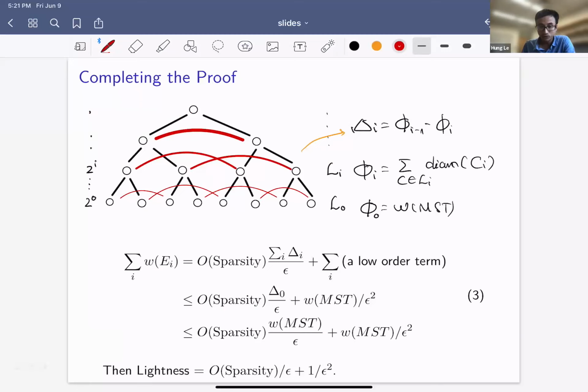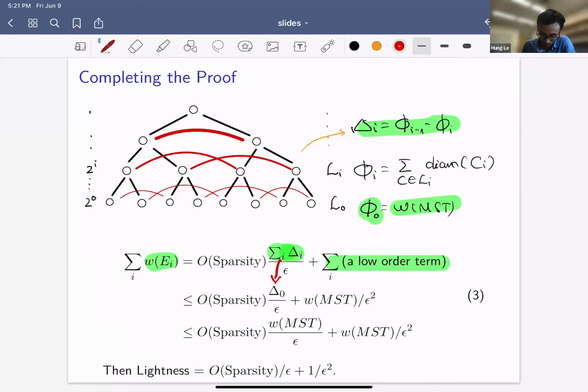And now all we have to do is sum up the weights of the edges that we add at every level, which is going to be the total potential reduction plus the low order terms. You can see the potential reduction forms a telescoping sum, which is at most the potential at the first level, which is the weight of the MST.